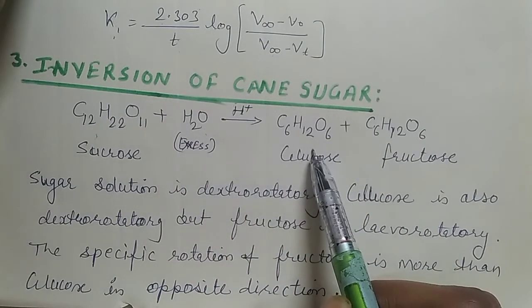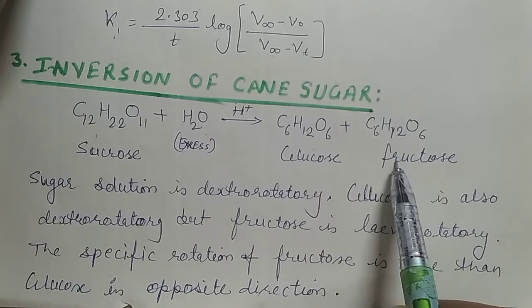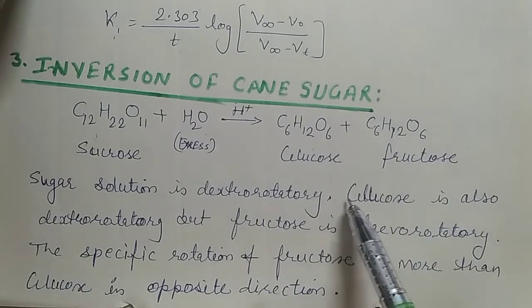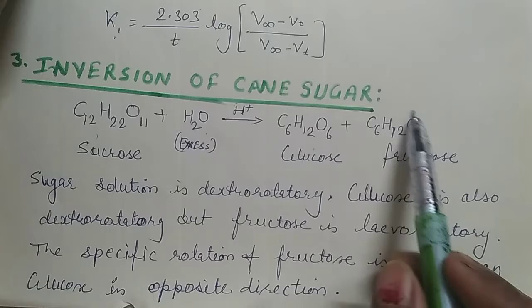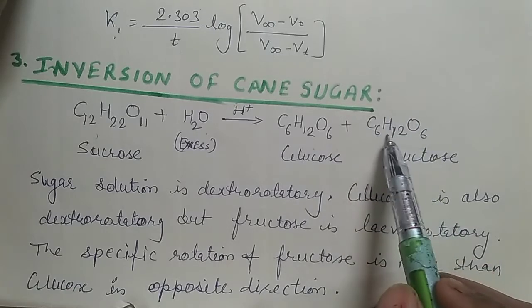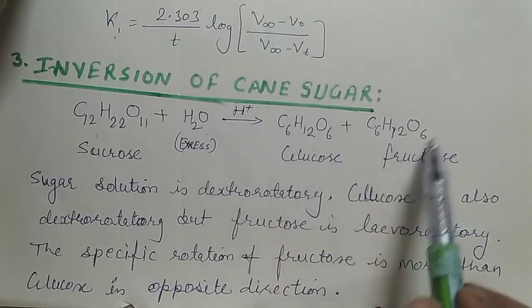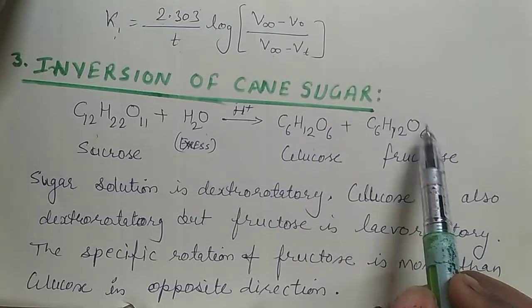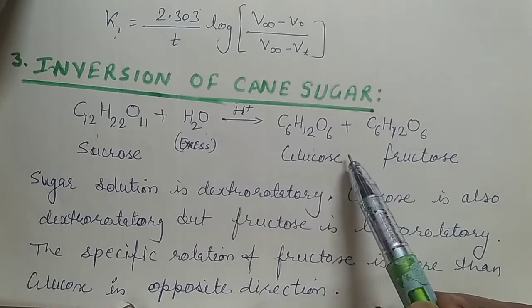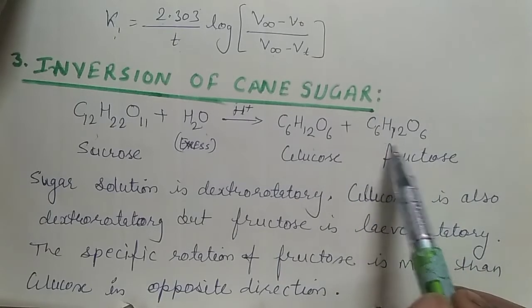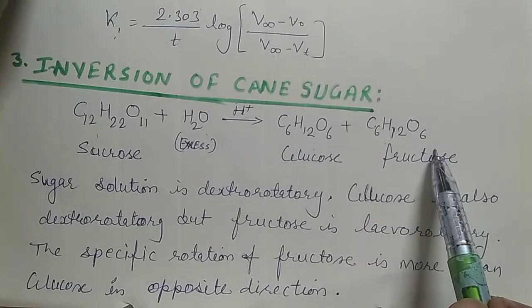Glucose is also dextrorotatory, but fructose is levorotatory, and the rotation of plane polarized light by fructose is more than glucose, so the total rotation proceeds in the negative direction, or we can say in the anti-clockwise direction.